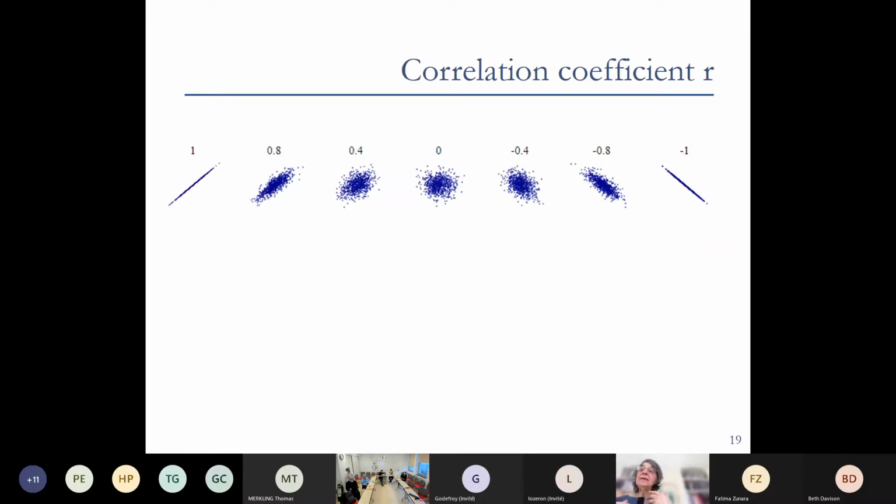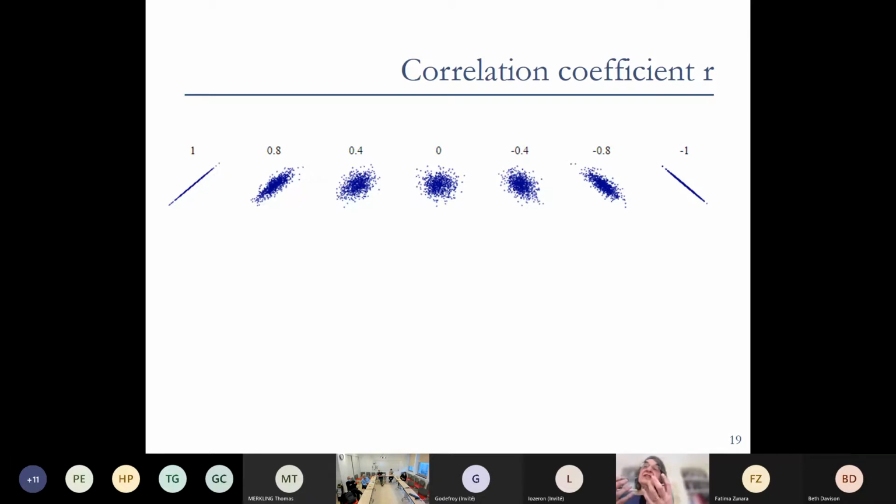As the data become less definite, as my prediction becomes less clear, so here's a correlation of 0.8, the one over to the left. There's some scatter, but the eye sees very clearly that it's trying to make a line.